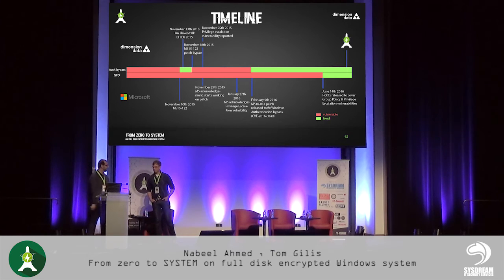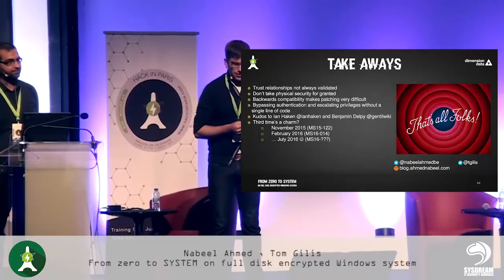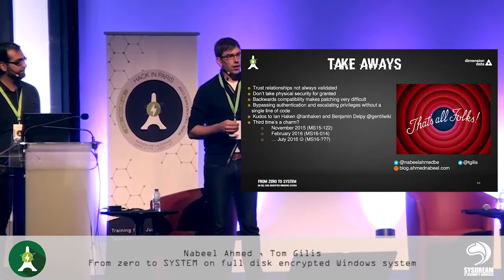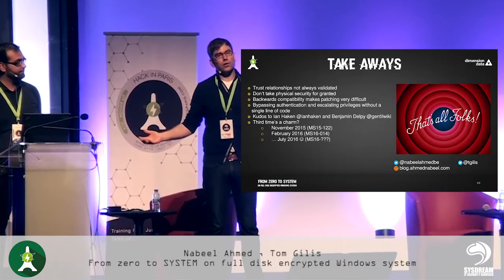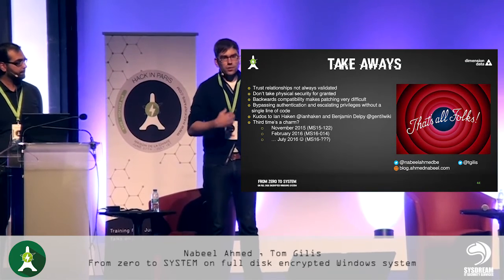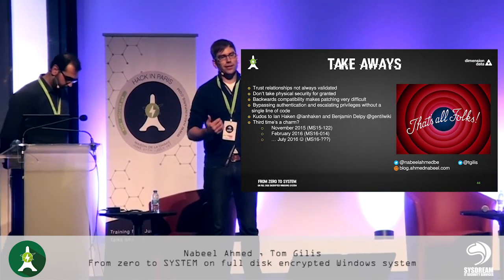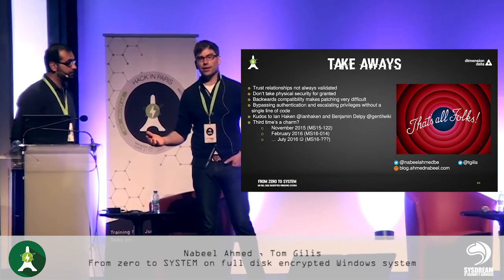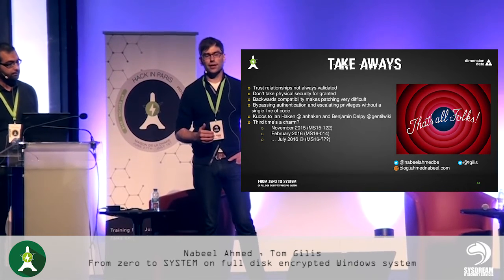So, takeaways. The takeaways we want to give you guys as part of this talk is, first of all, when we attended the initial talk of Ian Haken at Black Hat, it came to us as a complete surprise that the trust relationship isn't validated when you do a password reset.